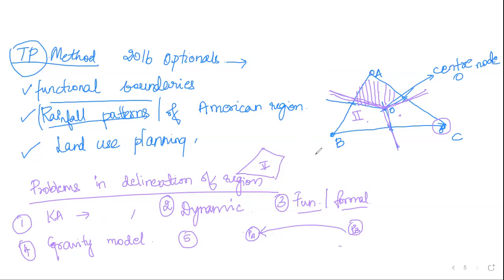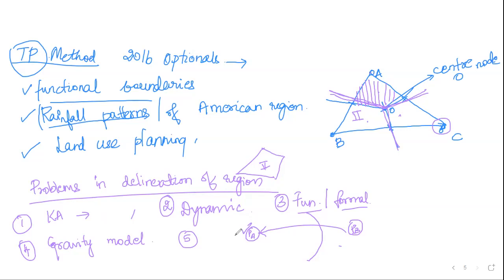If A has greater population than B, then this city of A will have a greater influence than the city of B. This is the crux of gravitational analysis.